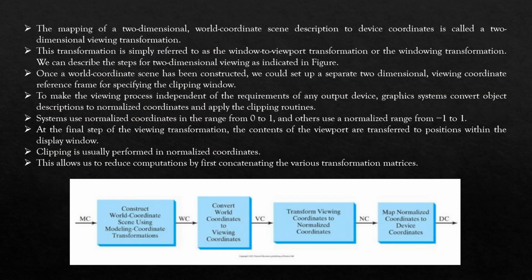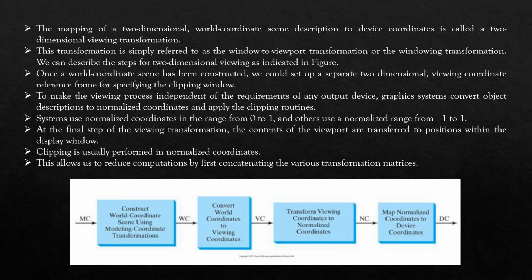The world coordinate scene has been constructed. We could set up a separate 2D viewing coordinate reference frame for specifying the clipping window to make the viewing process independent of the requirements of any output device. Graphics systems convert object descriptions to normalized coordinates and apply the clipping routines.